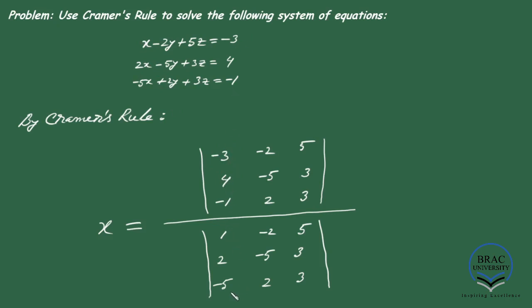So in place of x coefficients that we have written previously at the denominator, you write down these constant values. But the y coefficients and the z coefficients, as it appears at the bottom, are the same. So whenever you're looking for x, you make sure that you replace the x coefficients with these constant values, and then you just take the determinant of that. So that's how you find out x.